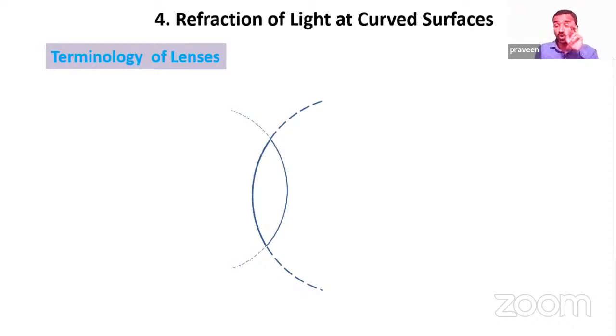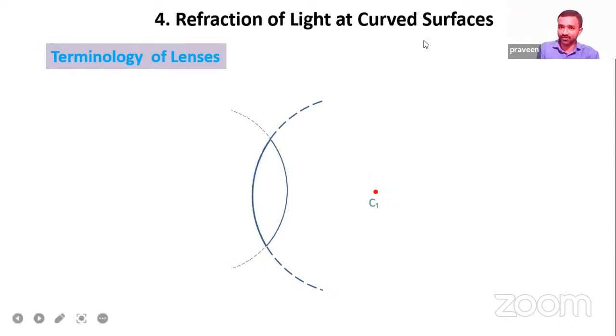I got two arcs, two curvatures. That curvature is a part of a circle two-dimensionally. If it is a three-dimensional figure, a part of a sphere. That circle or sphere both has a center from which they are made as a part. So here they have centers.